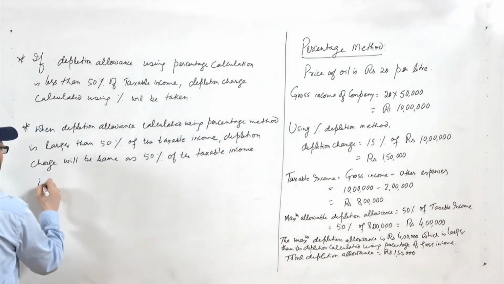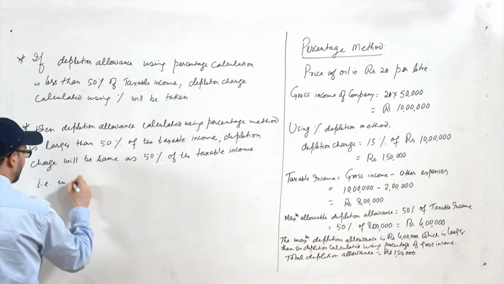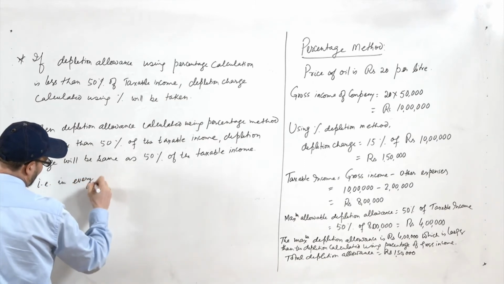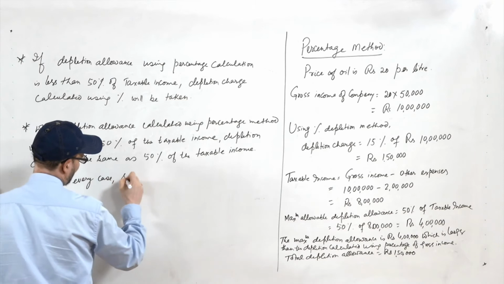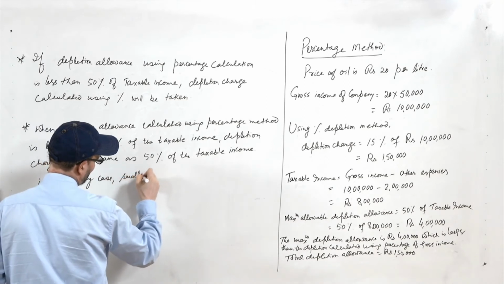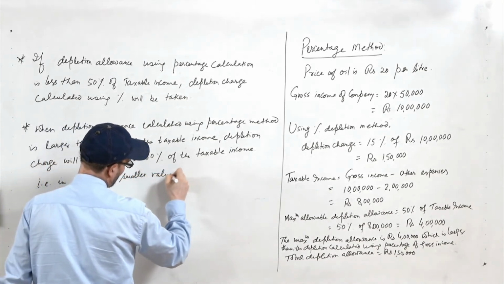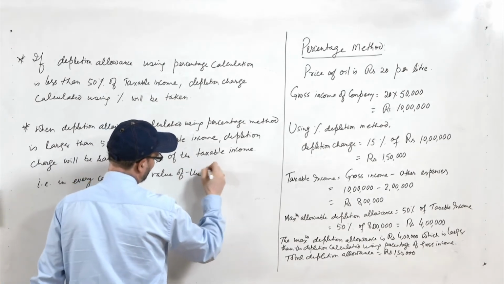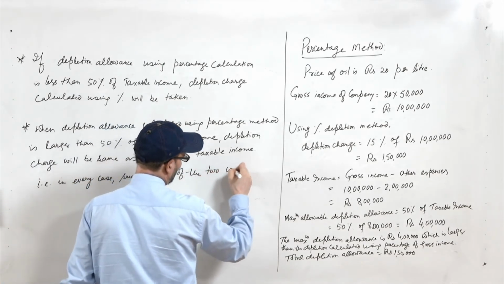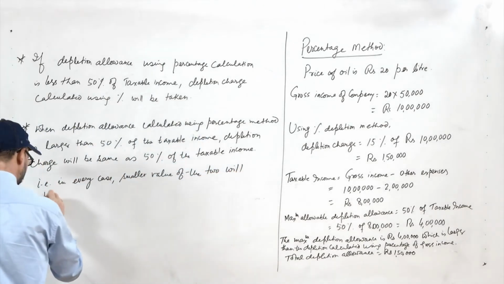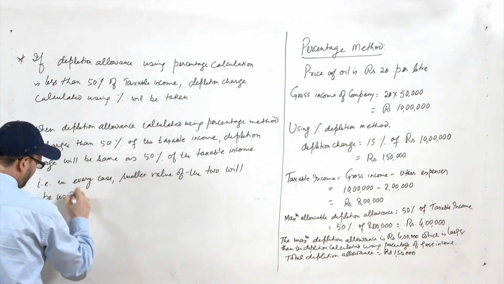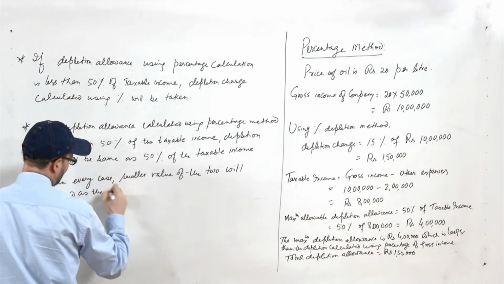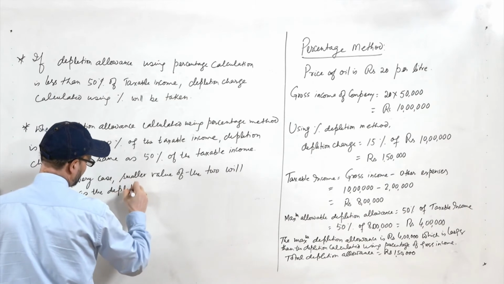That is, in every case a smaller value of the two will be used as the depletion charge.